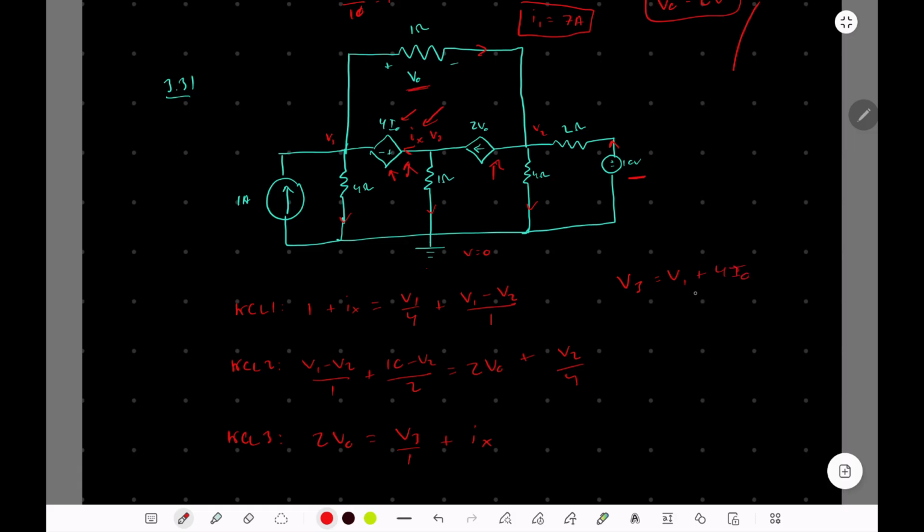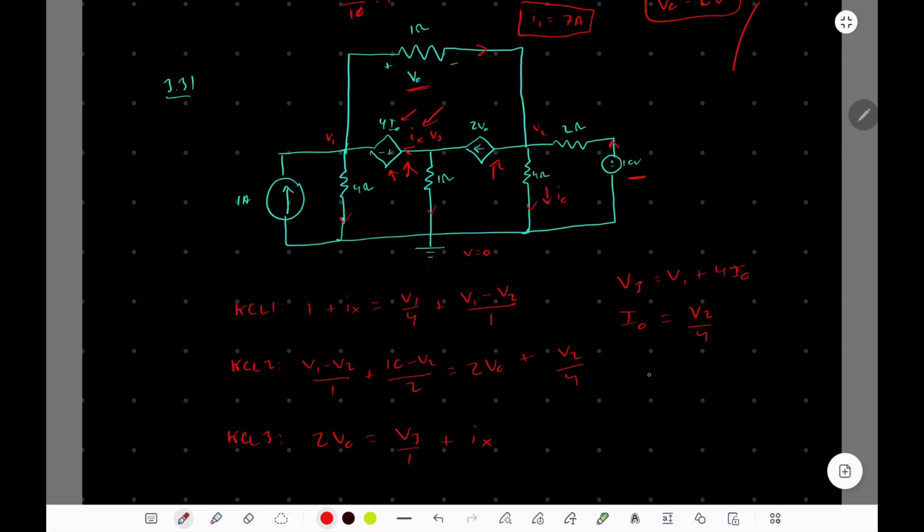And then for this dependent voltage source, we need to figure out the thing that it's dependent on. We need another equation for that, and that's going to be IO, and IO is the branch current through here, and that is just going to be V2 over 4.